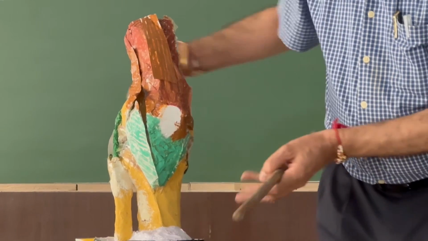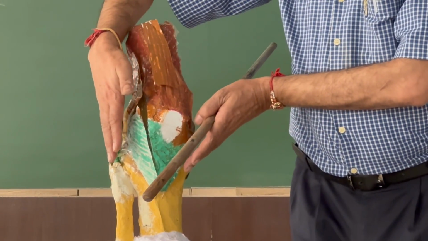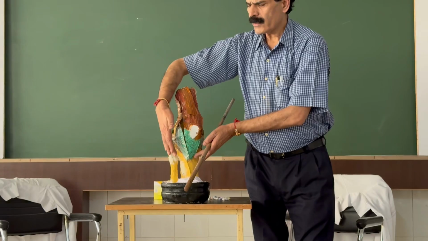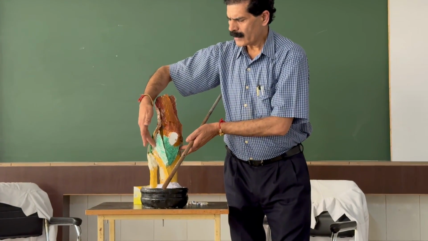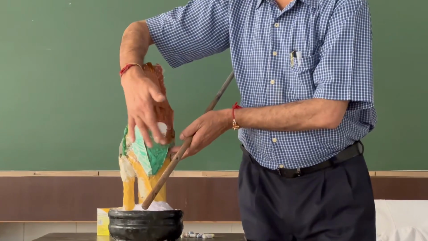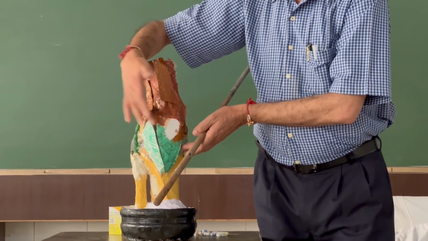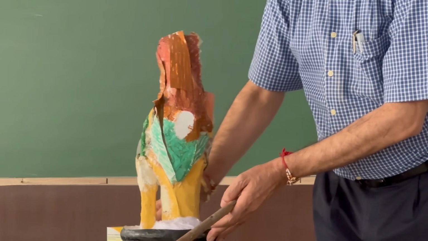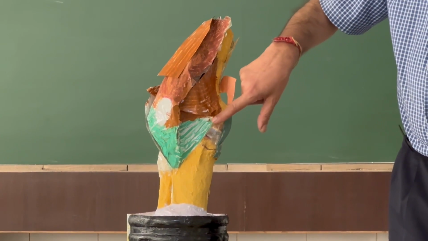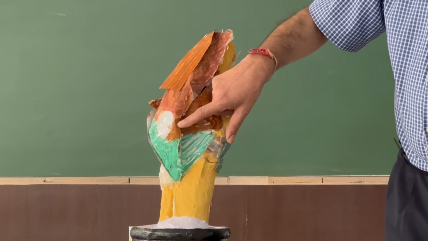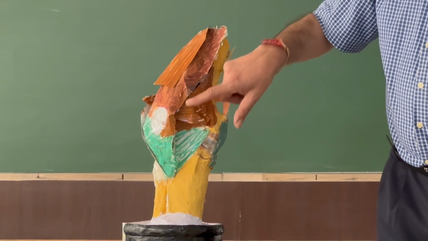We can say the fibrous capsule covers the knee joint, but it is deficient in the anterior part. Beyond this line there is no fibrous capsule. From this line of fibrous capsule attachment to the patella, there is no fibrous capsule.